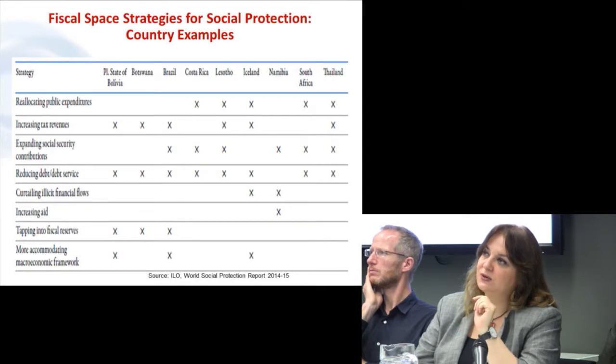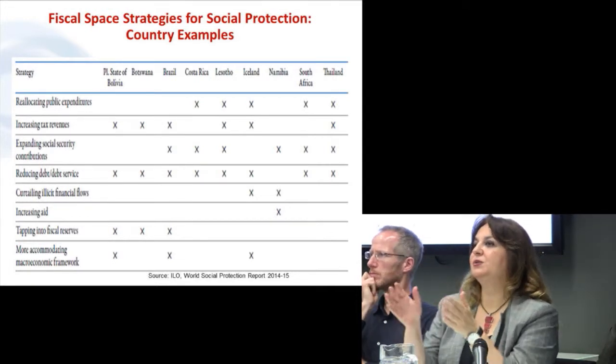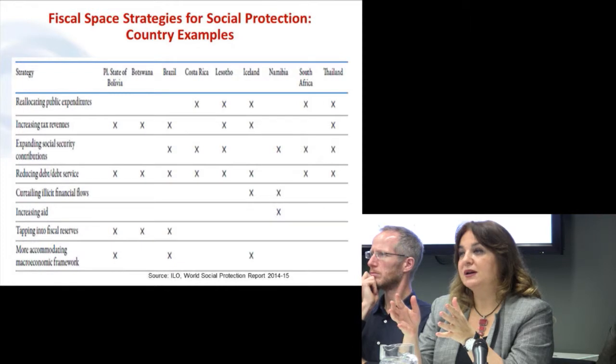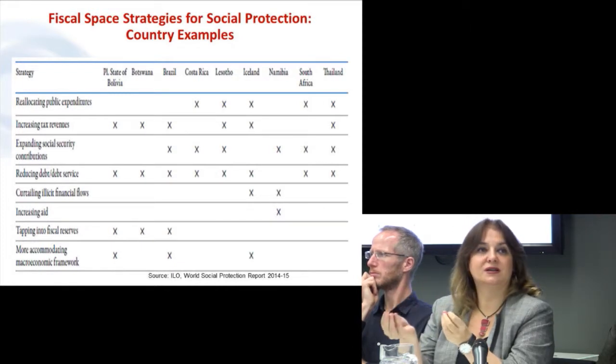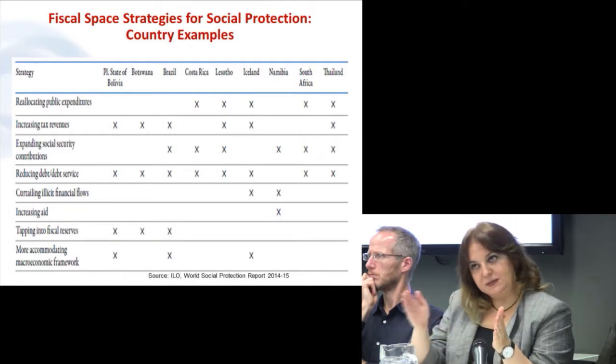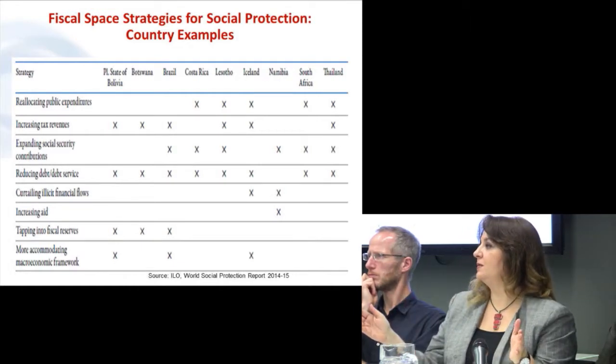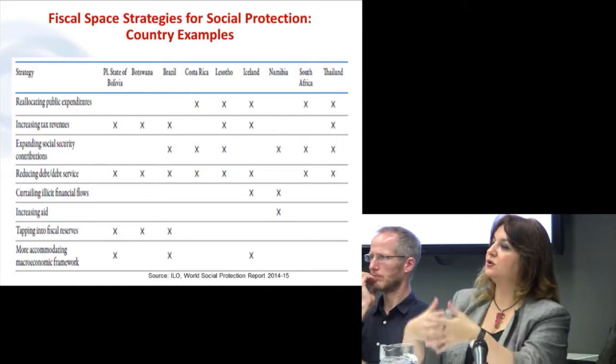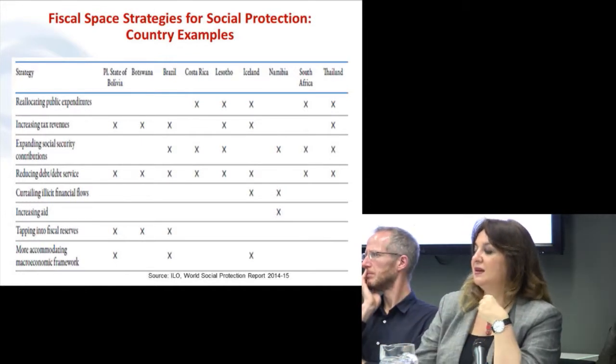But how a country will do it, and these are a few examples that we put in the report. Normally a country will pick a few of these areas of fiscal space and try to play with them a bit, carve a little bit of space from all of them. So in that way you can build your social protection system.